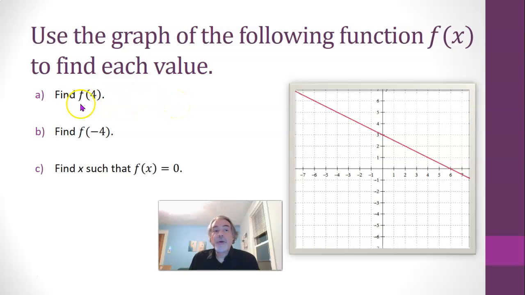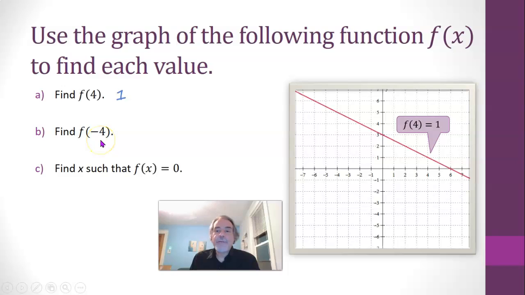Well, you look for a point on the graph where x is 4, and then the y-coordinate of that point would be f of 4. Do you see what point that would be? Right here. The point on the graph where x is 4 has a y-coordinate of 1. So we can see f of 4 equals 1.